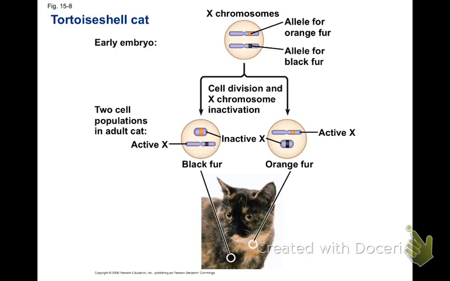This one gets expressed in certain cells, and this color gets expressed in certain cells, giving you a pattern of black and orange colors in a tortoiseshell cat, or a black and white color pattern in a calico cat.